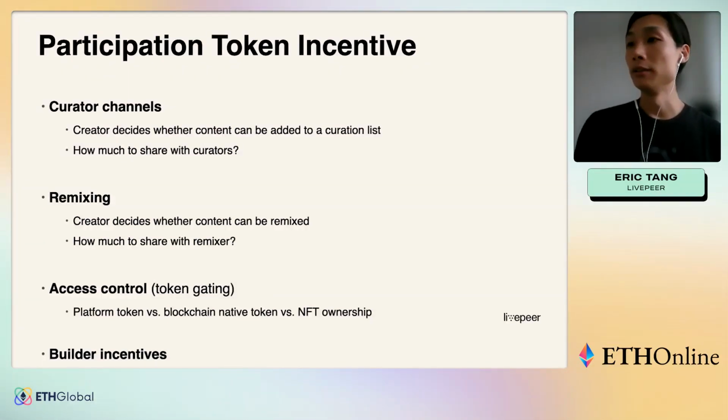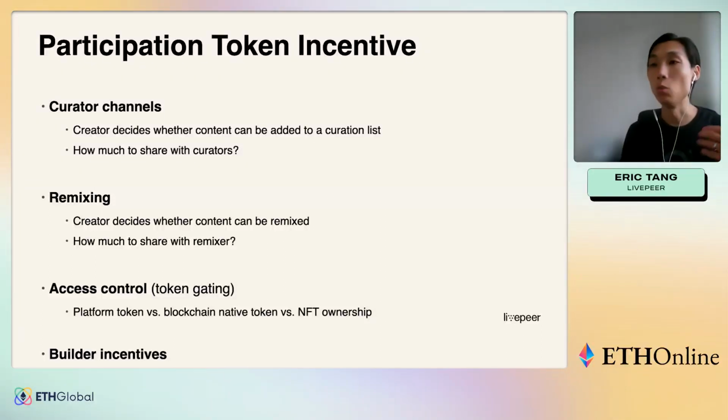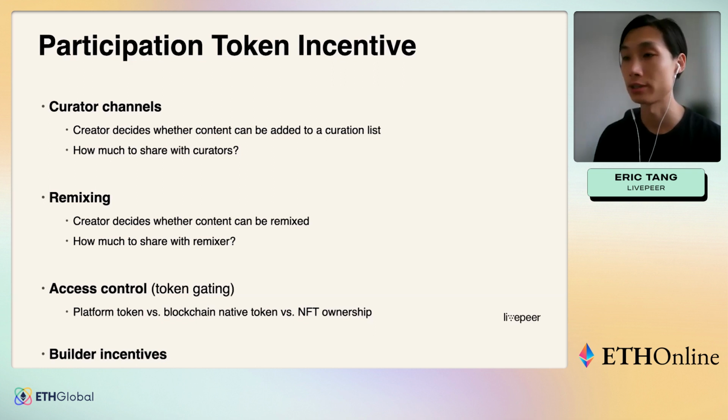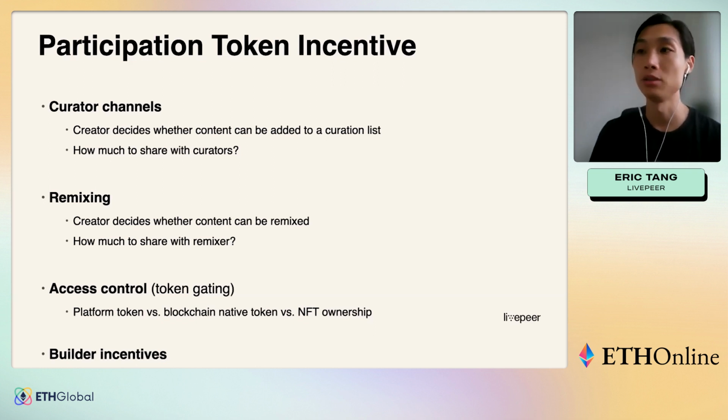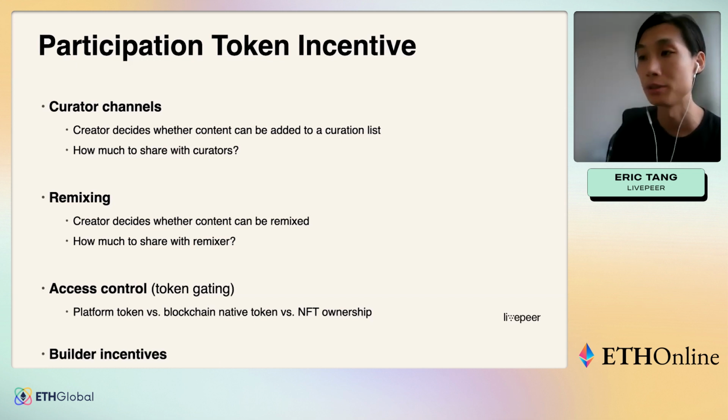Right? Another idea is access control, token gating. We talked about this a little bit. A really interesting thing to think about here is what you are using to do the access control, right? So for example, you can say my channel is only viewable if you pay the subscription fee in the platform token that the platform launches, right? Or you can say I actually accept other types of tokens.